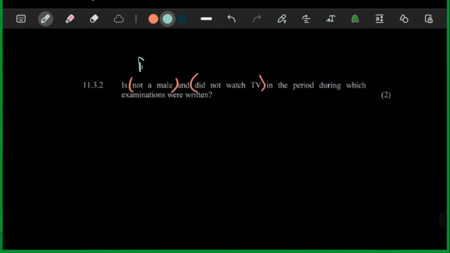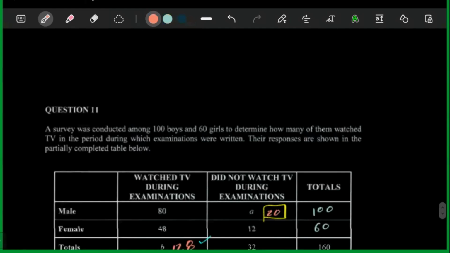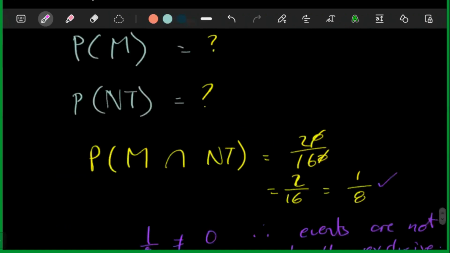What is the probability that the learner is not a male? So we're looking for people that are females, and did not watch TV. So the people that are females and watch TV, you have 48 of them out of 160.